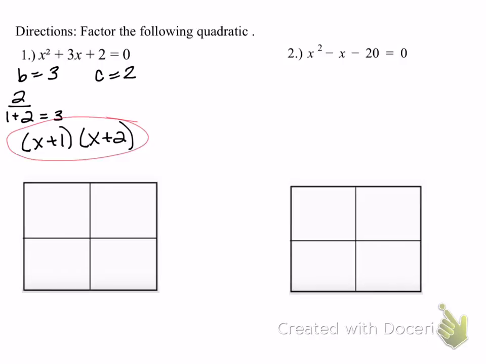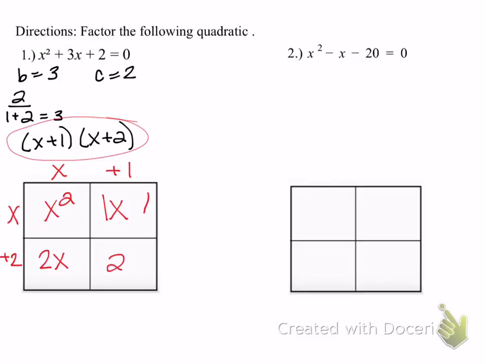Say you wanted to check your answer because you weren't sure if you were quite right. Let's practice the distributive property, just like we did a couple lessons ago. We'd have x plus 1 and x plus 2. We'd multiply these to get x squared. Then 1 times x, so 1x, then 2 times x, which is 2x, and then 1 times 2, which is 2.